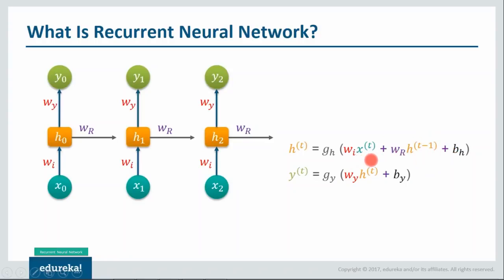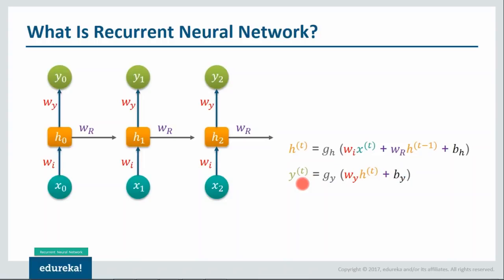So Wi into x of 0 plus bh passes through a function g of h to get h of 0. After that, I want to calculate y0. For y0, I'll multiply h of 0 with the weight matrix and add a bias to it and pass it through a function g of y to get y0.